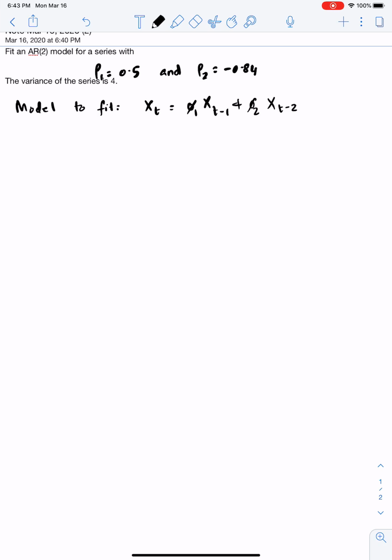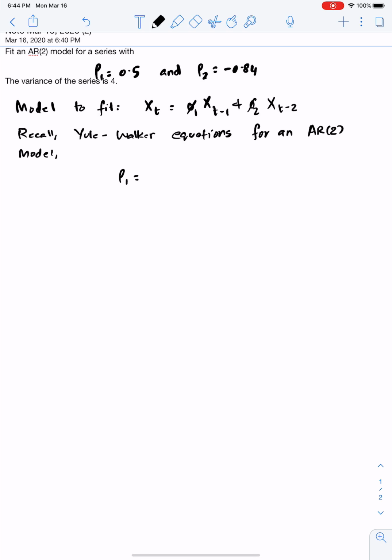So if we recall the Yule-Walker equations for an AR2 model, the equations are rho 1 equals phi1 plus rho 1 phi2, and rho 2 is equal to rho 1 phi1 plus phi2.